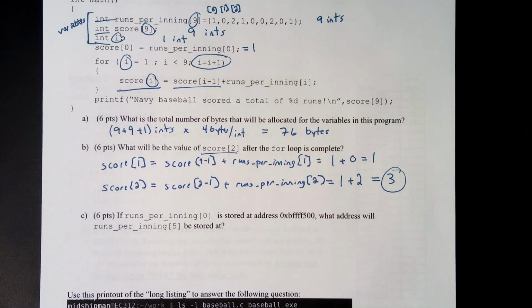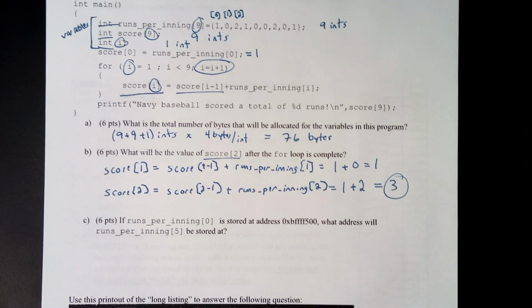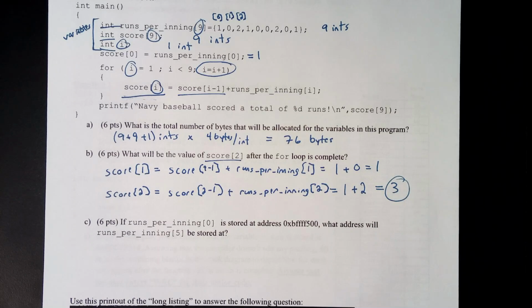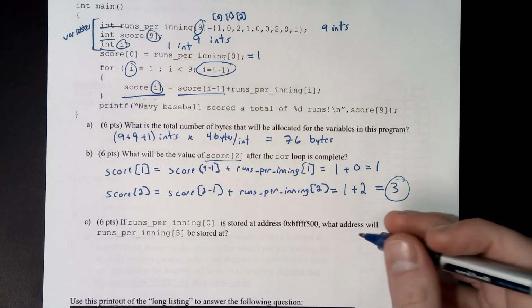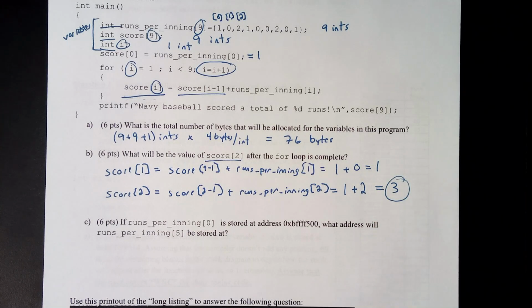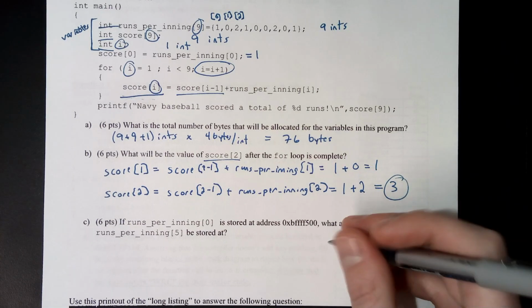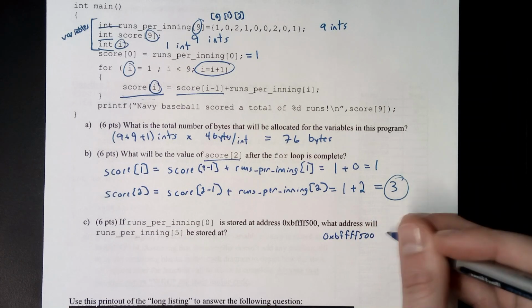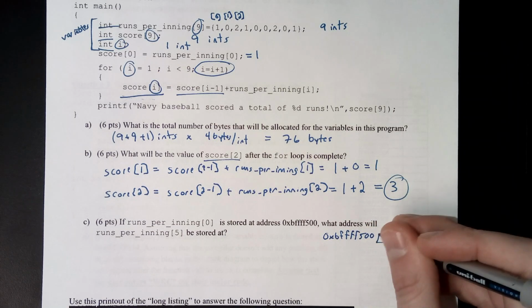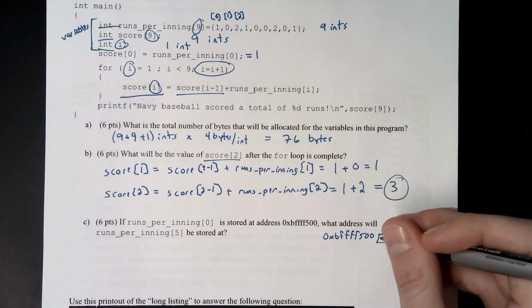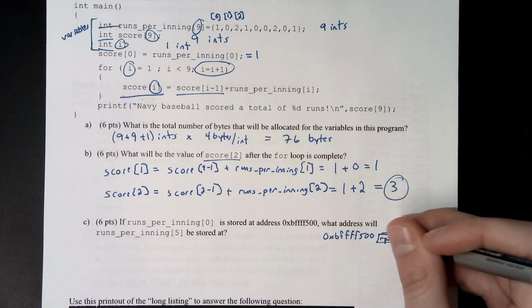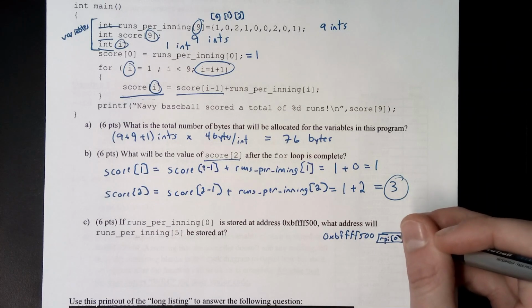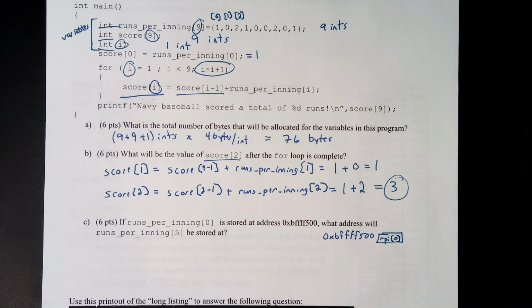If runs per inning 0 is stored at address 0xBFFFF500, what address will runs per inning 5 be stored at? This is trying to understand how arrays are stored in memory. So if we start at 0xBFFFF500, and that is a 4-byte integer for, I'm just going to say RPI at 0, to make it easier to write, that's runs per inning at 0 that I'm referencing.